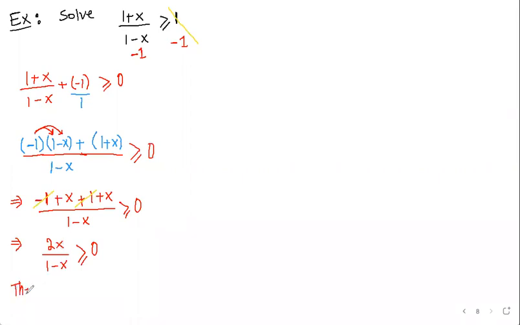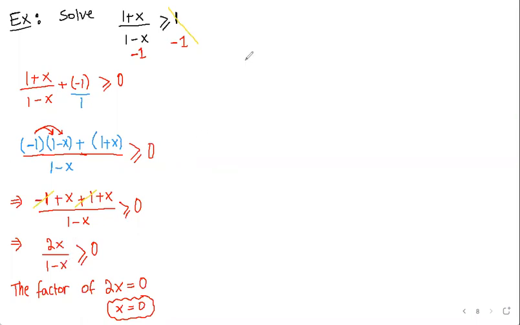So the factor of 2x is the same because it's factored already, and equals 0 to find the zero. We divide both sides by 2. I get x equals 0. So this is the first zero, for the numerator.